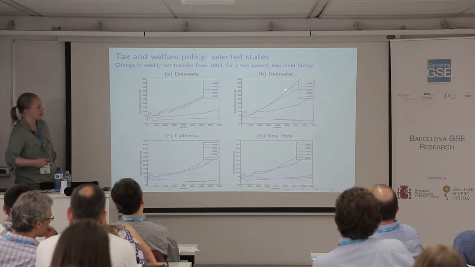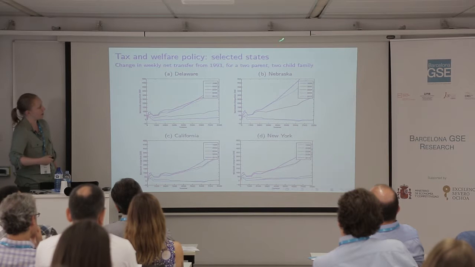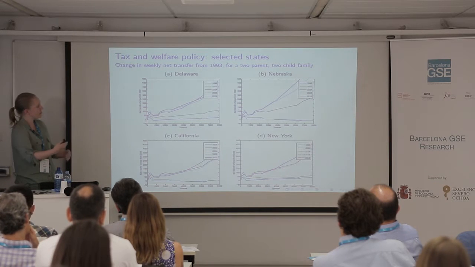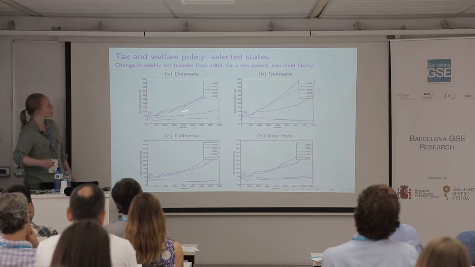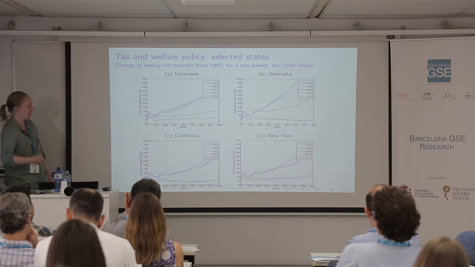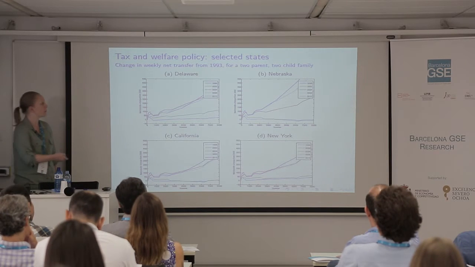For example, in Nebraska, over my time period, taxes became more generous for high-income people, who were taxed less, whilst in Delaware the opposite was happening, in comparison to the big states like California and New York.